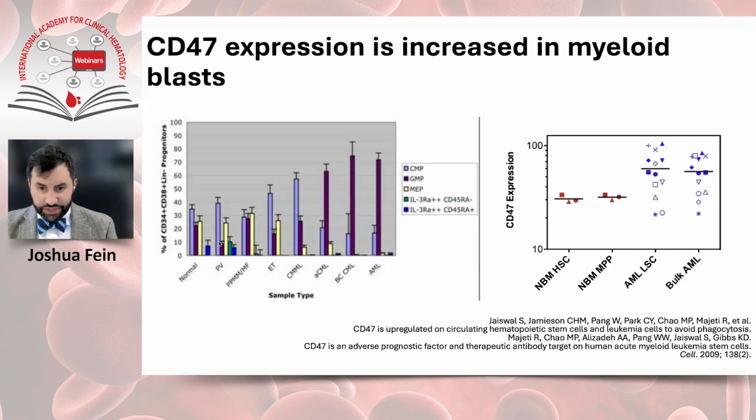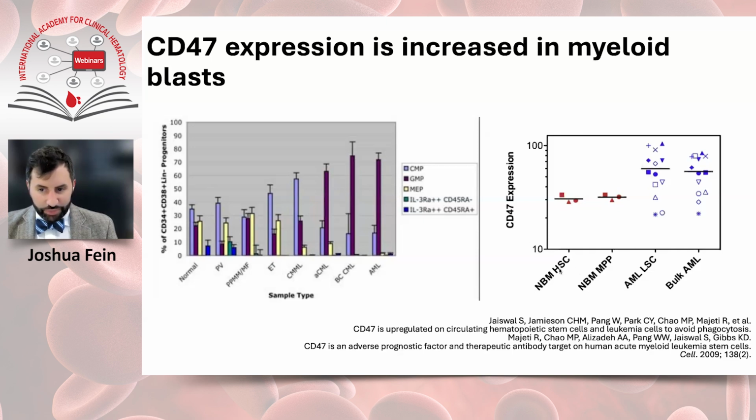On the left here, this is what they're calling a normal, but they point out that these are CD47 expression on mobilized or cord blood CMPs, GMPs, and megakaryocyte erythroid progenitors. So you can see as you move into these MPN states, especially CMML, atypical CML, blast crisis CML, and then AML, there's this marked rise in CD47 expression.